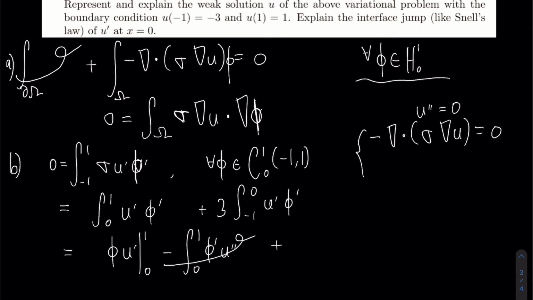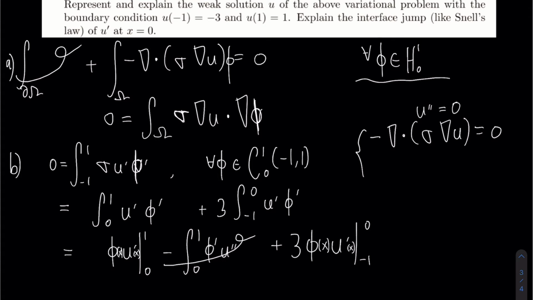Similarly, for the second part, we have 3 times phi and then u prime from -1 to 0. What else do we know?